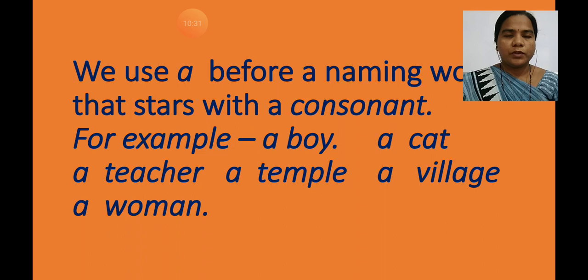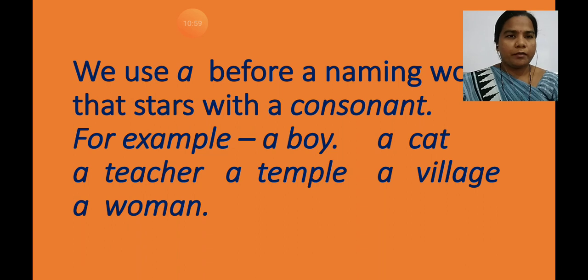As we know, which are the consonants? We have seen at the starting, the remaining all, it means consonants like B, C, D, F. So we will see some examples.